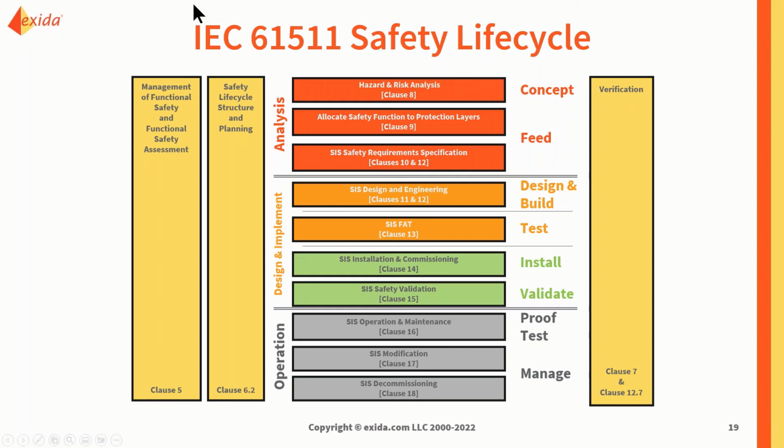Some of the output from the analysis phase can have other uses, but the main focus of the lifecycle is how exactly you're going to manage your safety system, so the data related to the safety system. That's what we're going to be focusing on today.